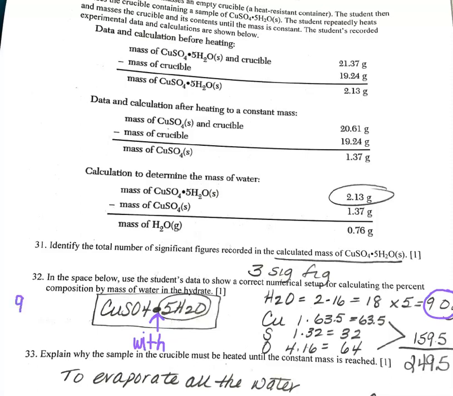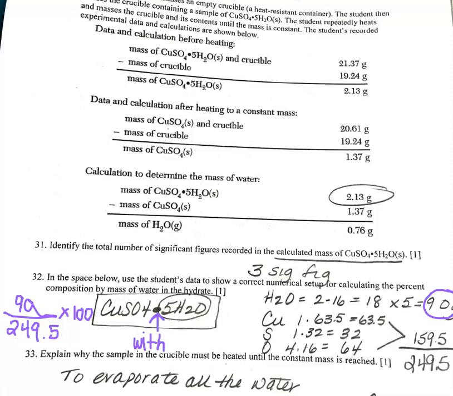It's going to be 90 over 249.5 times 100. I did all the work and didn't show the setup. All right. You didn't actually have to calculate it. You just had to show that, what I just wrote in purple. 90 over 249.5 times 100.